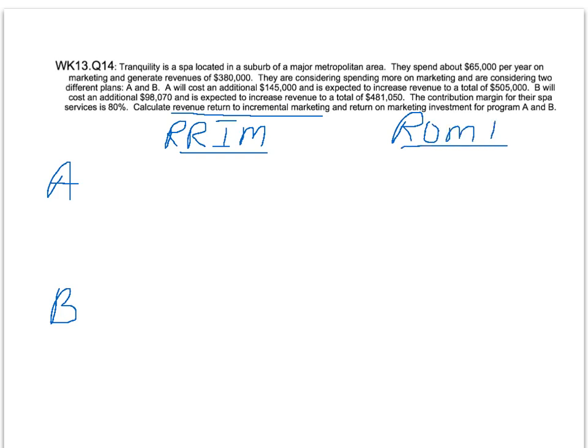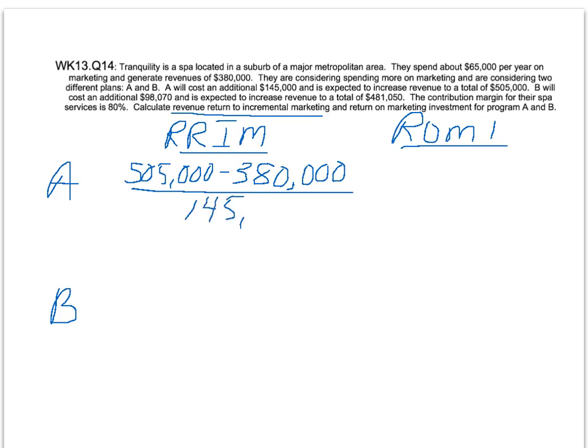So for program A, the incremental revenue that we're generating is $505,000 minus our baseline sales of $380,000, all divided by the additional expenditure of $145,000, which yields an 86% revenue return.